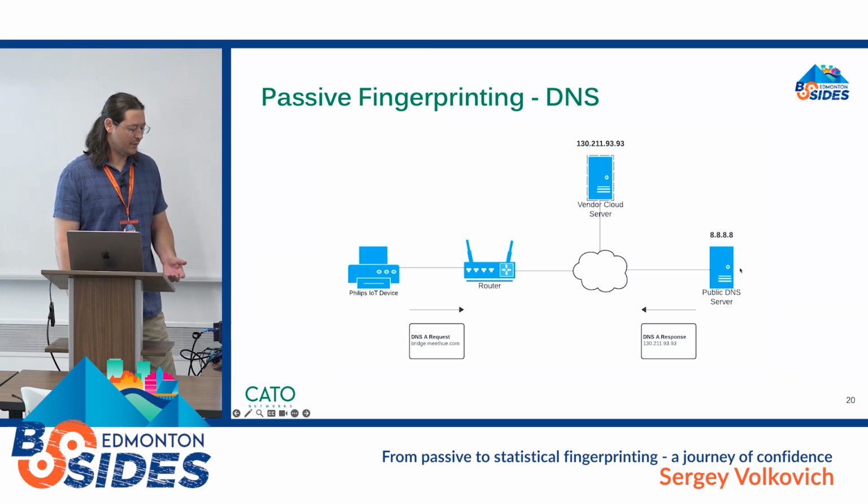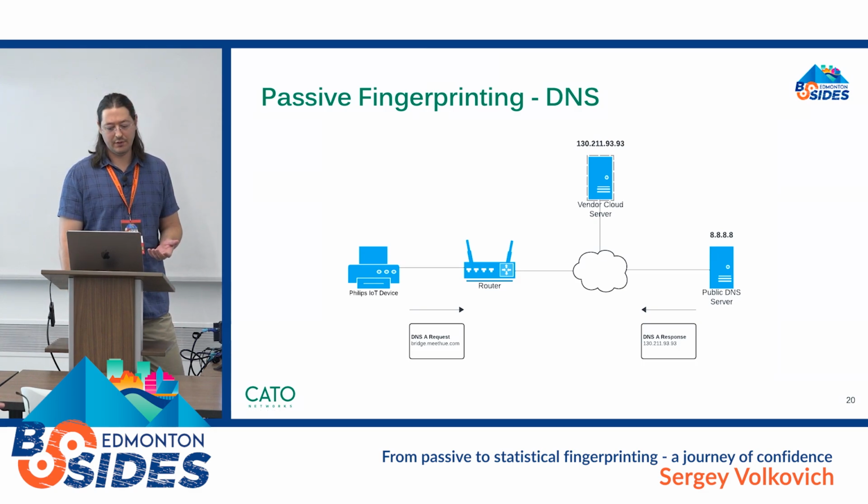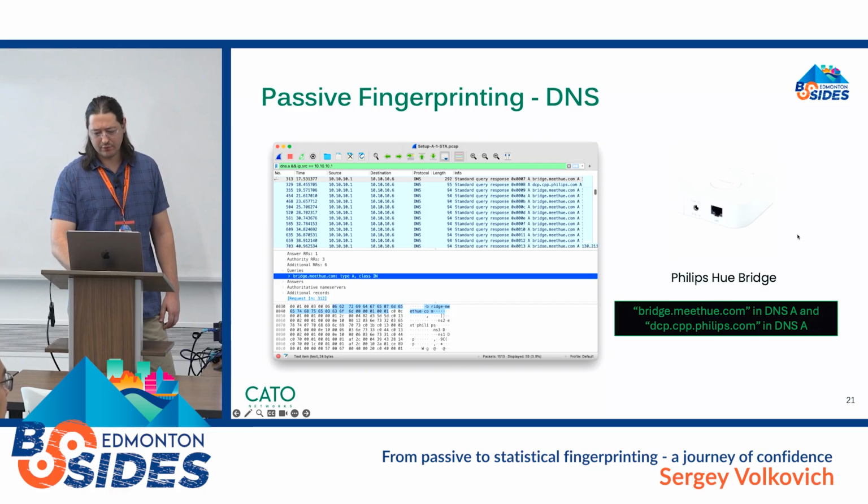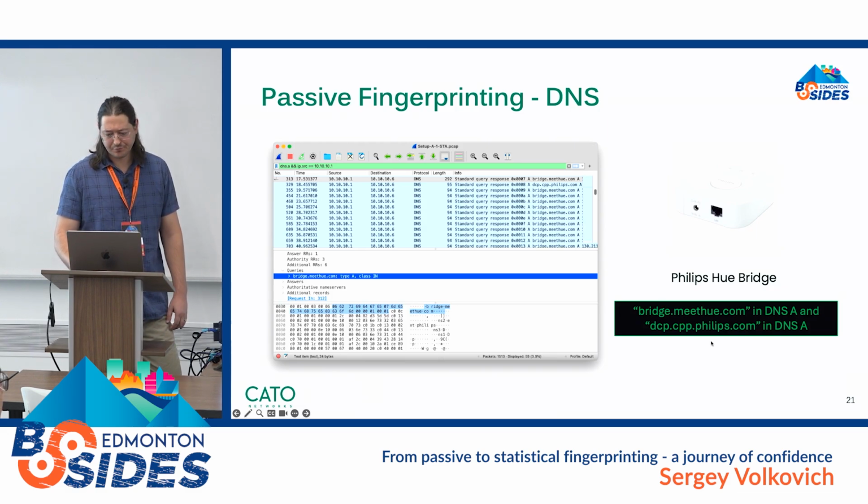They usually have some pre-configured DNS server on them, which can contain very useful information for us. So let's look at this Philips Hue bridge. This is a device that talks to smart light bulbs, and it is connected to the internet. And we can see both the bridge here and the Philips company name.